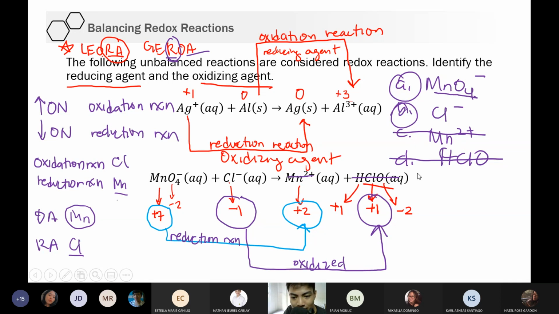Yung products, i-cancel out mo siya. Oxygen and hydrogen never changing. Yung oxygen medyo hindi. Pero yeah, somehow, in a sense, it's true. Pero in some reactions, hindi. Ayan na naman yung chemistry.